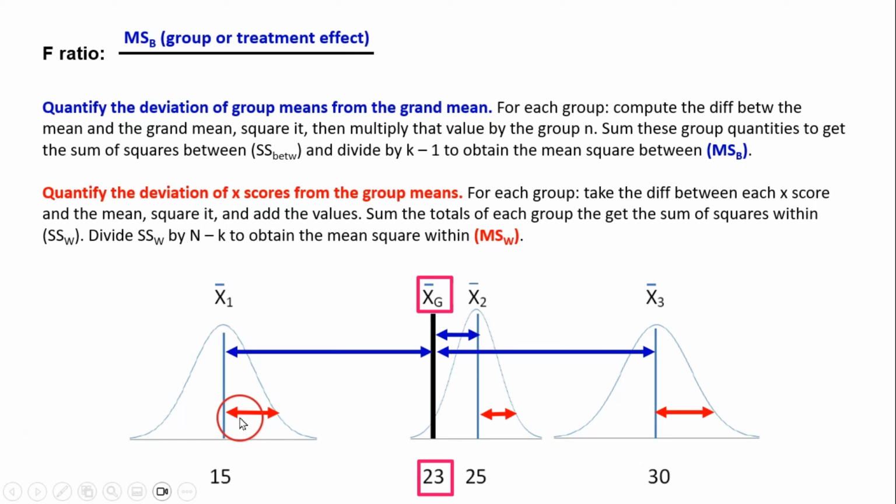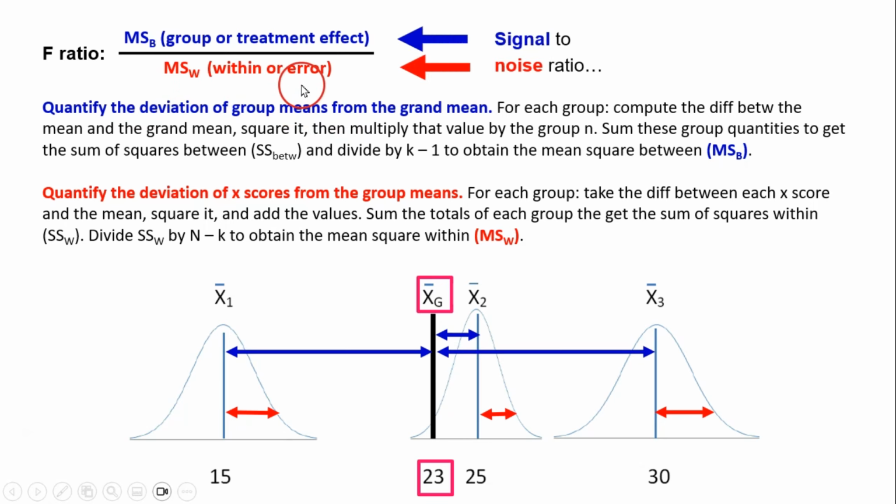So you would be looking at something like this for the first group, and then like this for the second group, and then for the third group, we're looking at the variability of those X scores around that individual group mean. And so that is going to be the denominator of the F ratio. So that's the MSW, or within or error.